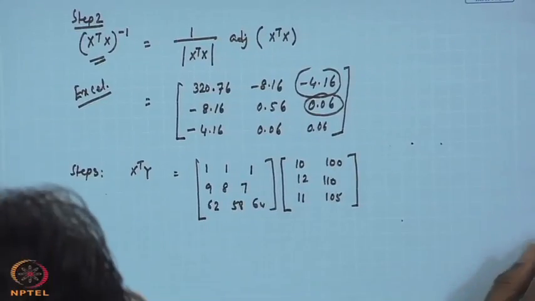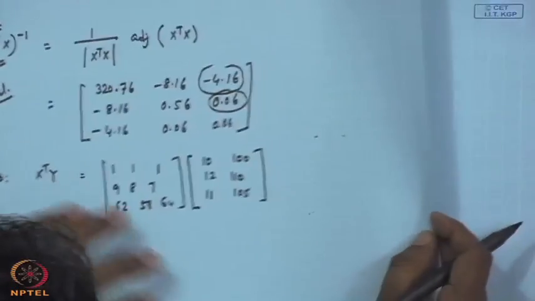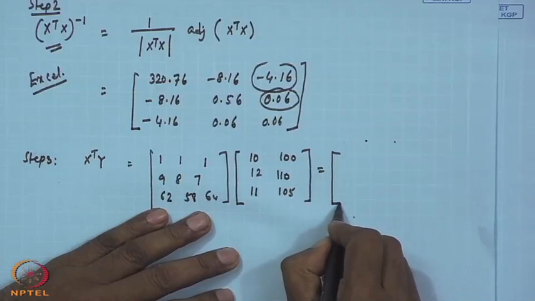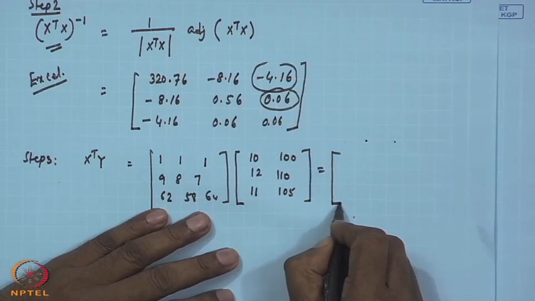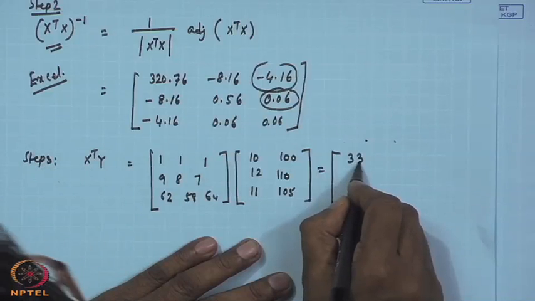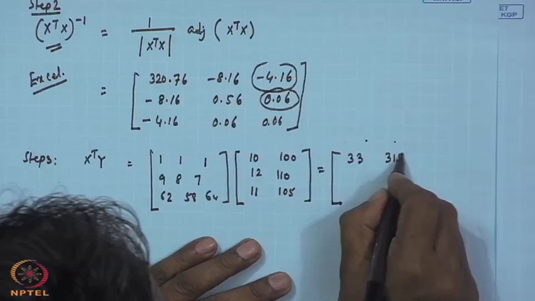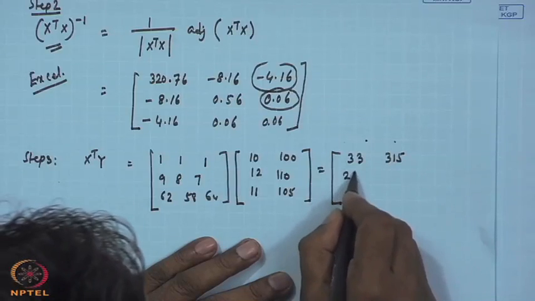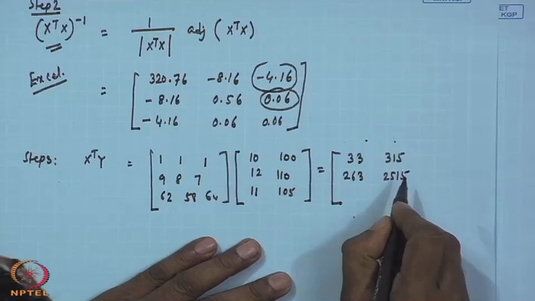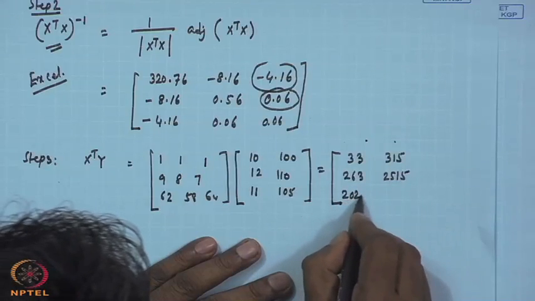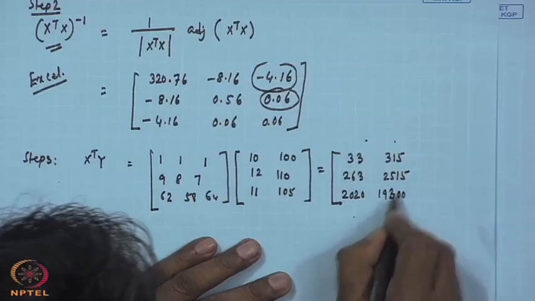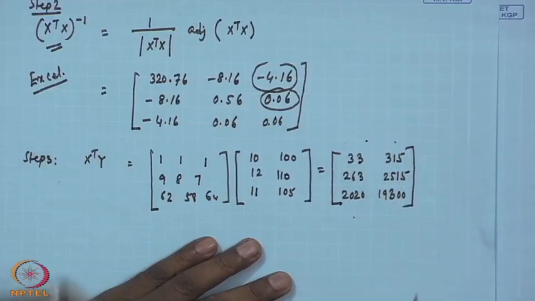Again, if you go for matrix multiplication of these two, and if you use Excel, you will get X transpose Y equal to 33, 315, 263, 2515, 2020, 19,300.